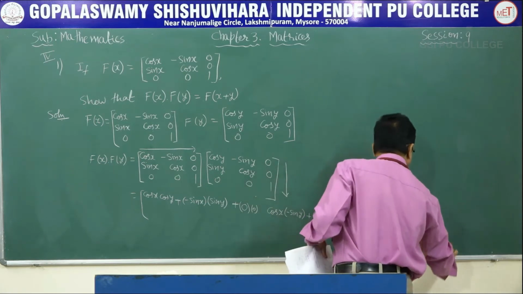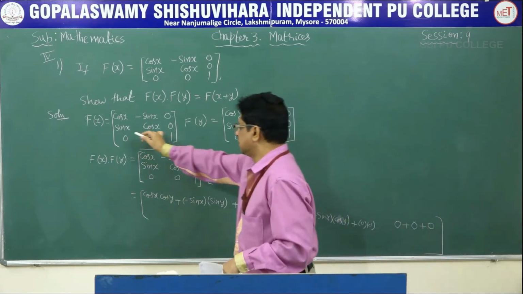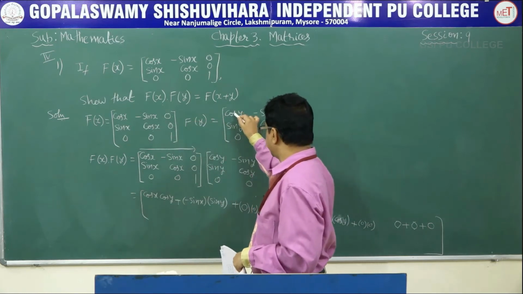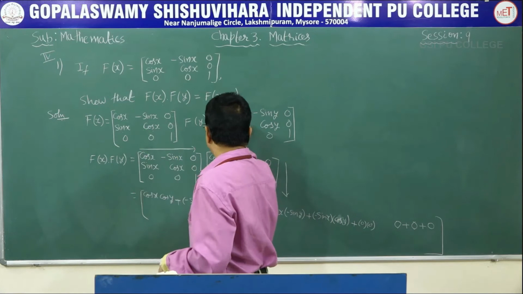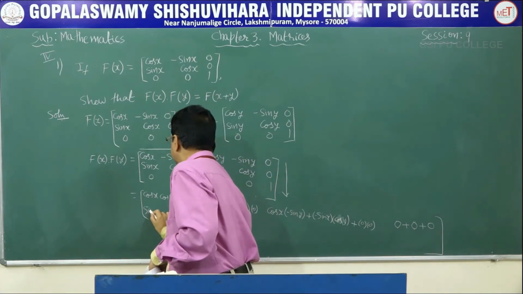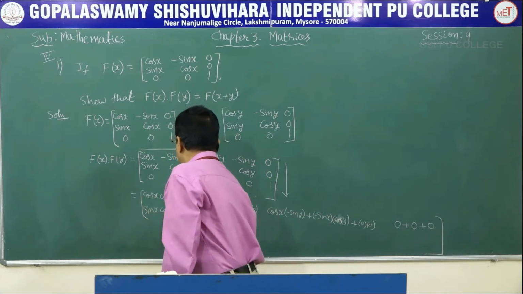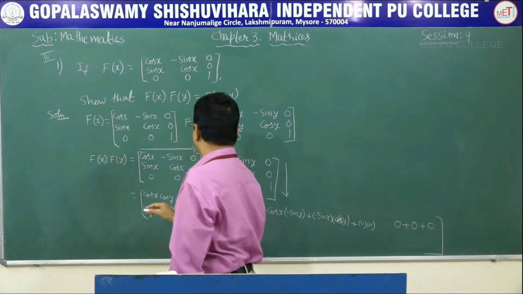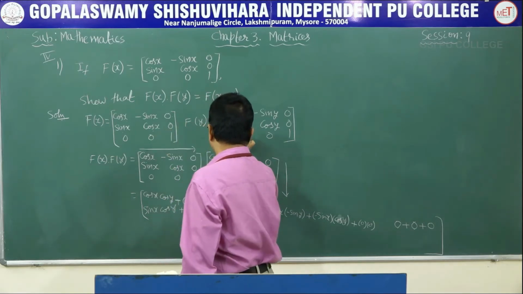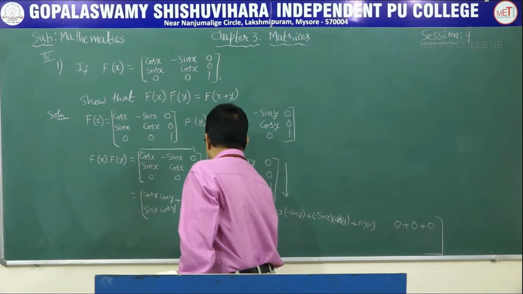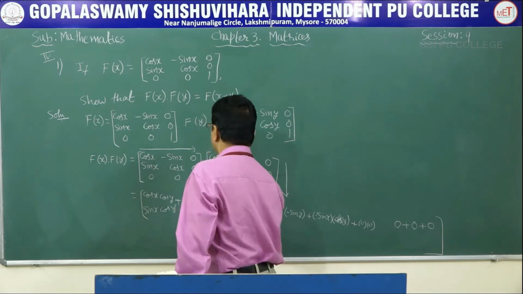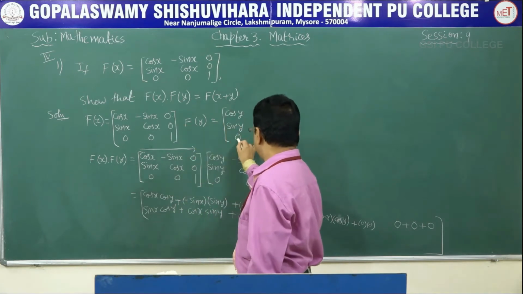Next we pass on to the next row, that is second row into first column. So it is sin x into cos y plus cos x into sin y plus 0 into 0.